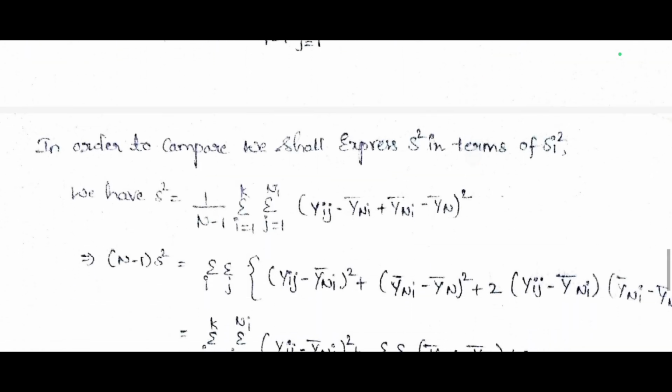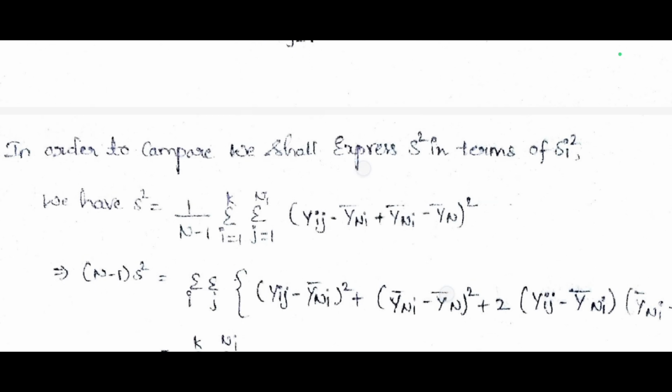So in order to compare, we shall express S² in terms of the capital S_i² values. So what is this S²? It is the mean square value. We have the S² formula, or if you compute with capital N minus 1, then it is said to be the population.